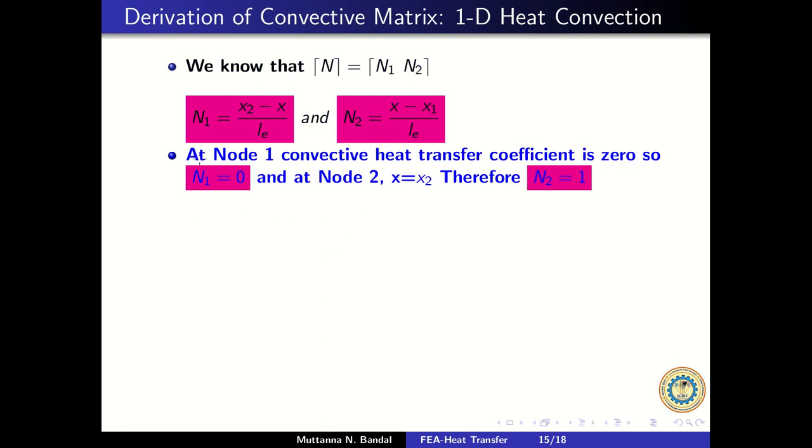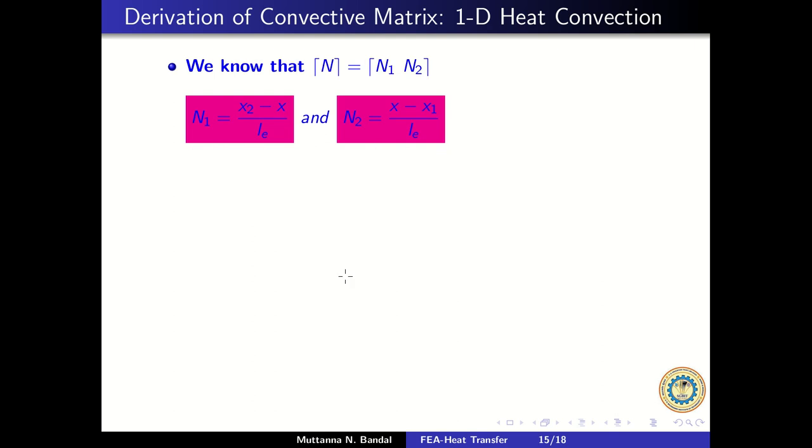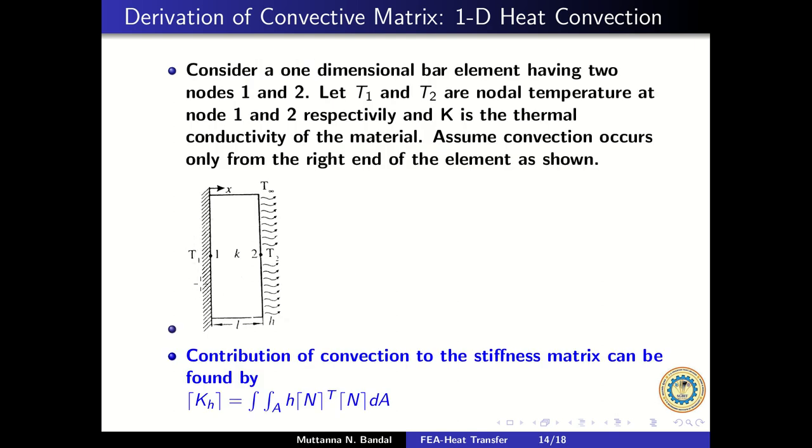equation. And here N1 and N2 are the same, but at node 1 the convective heat transfer coefficient is 0 because it was constrained here. So there is no air here. In the sense, there is no effect of the air at this location.